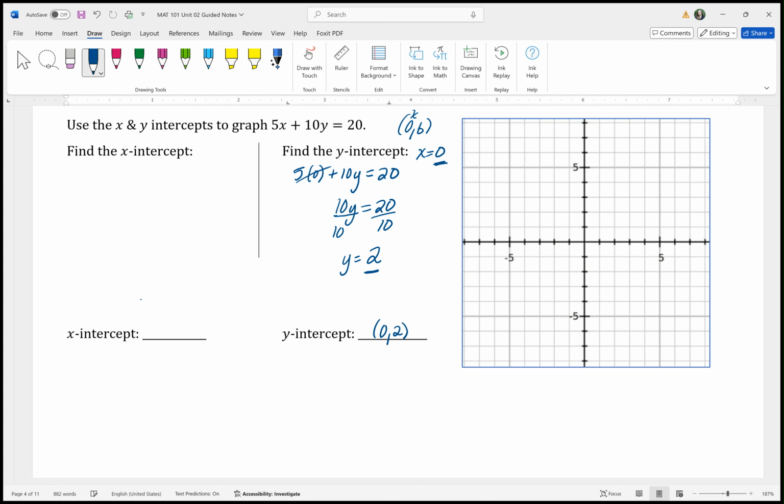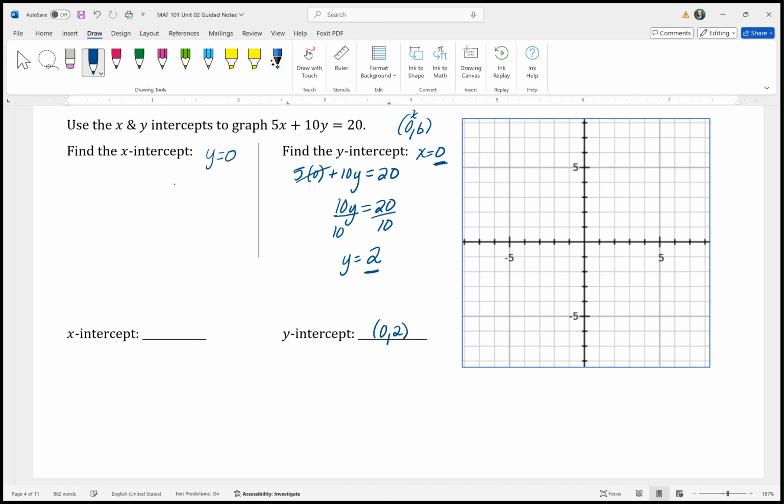Let's now go back to the x-intercept. This is kind of the opposite of the y-intercept. If the y-intercept is when x is 0, the x-intercept is when y is 0. So now we're going to plug in 0 for y. You're plugging in 0 for the opposite variable, the other variable.